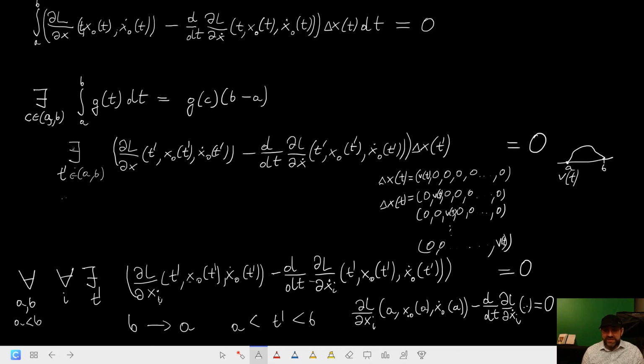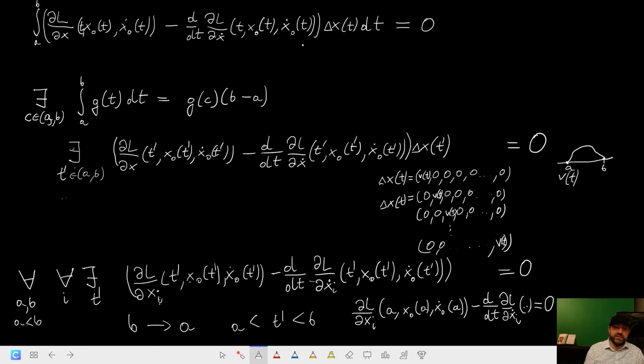So in that case, we have proven for any t the Euler Lagrange equation, because if we set this on each coordinate to 0, obviously the whole vector will be 0.